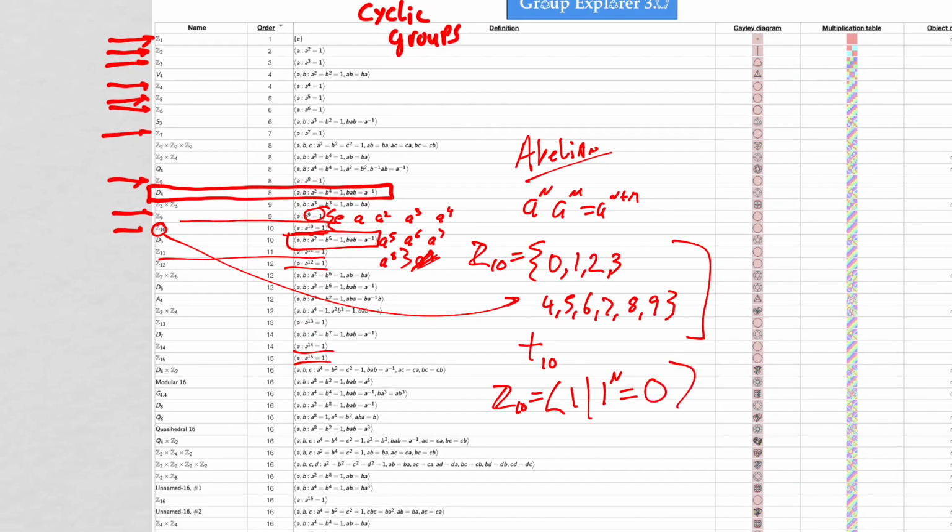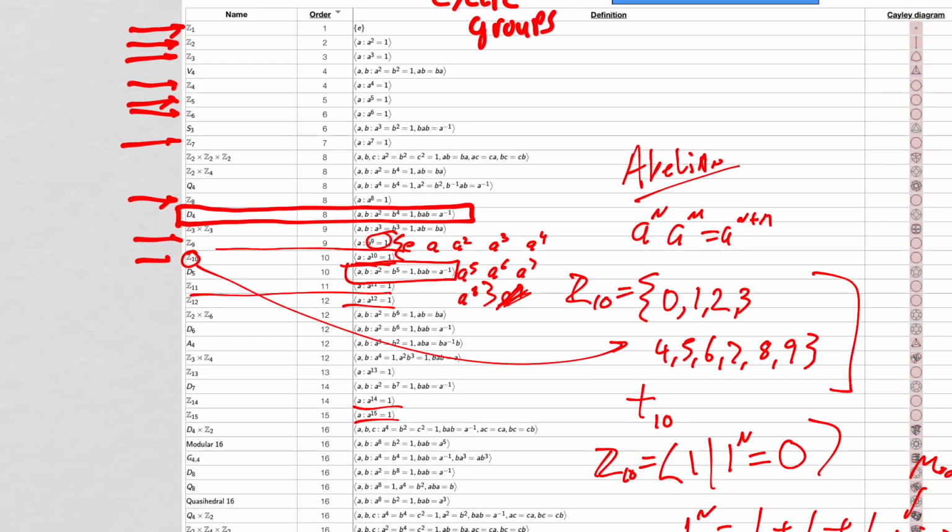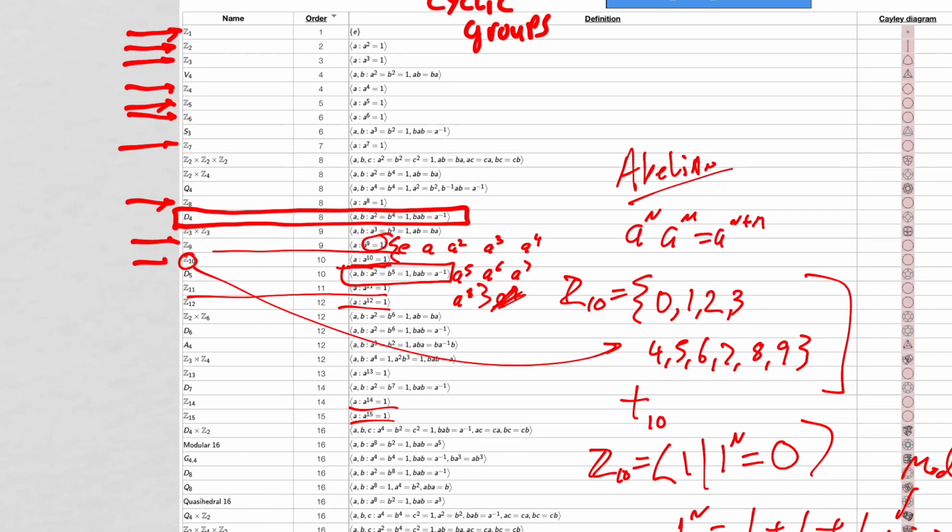And you have to understand that 1 to the n actually means 1 plus 1 plus 1, n times, and it's all mod 10, right? So I'm a little bit uncomfortable with that, but it's a minor point. Z10 is literally to be understood as this.